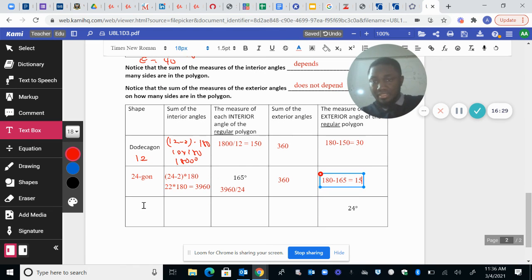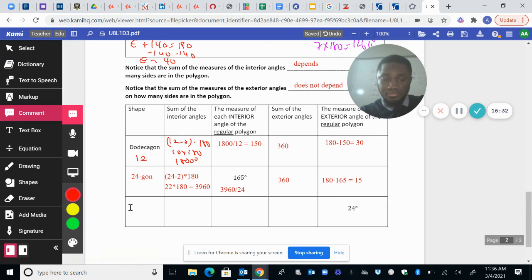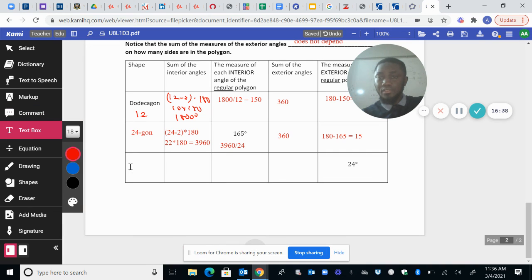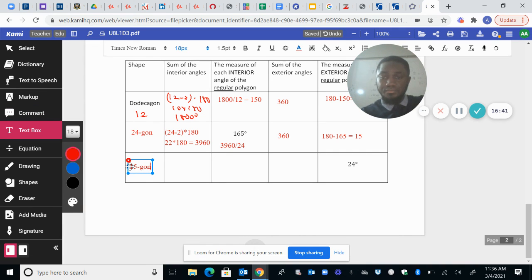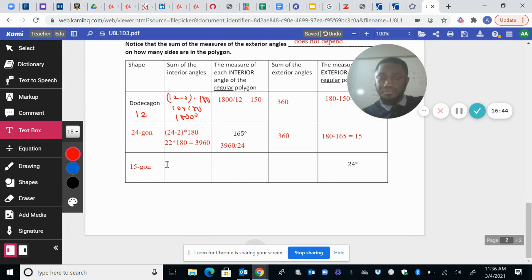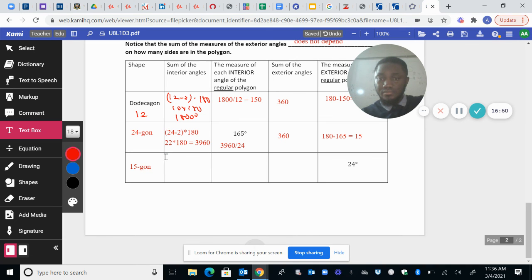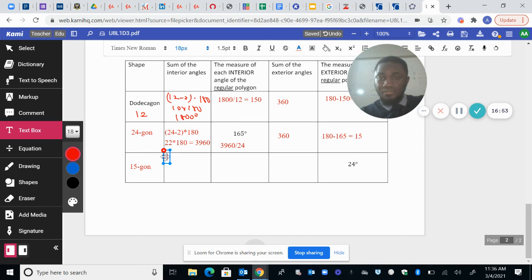And then if I decide to put maybe a 15-gon here, I'm going to have 15 minus 2 times 180, and 15 minus 2 is 13 times 180, which equals 2340 degrees.